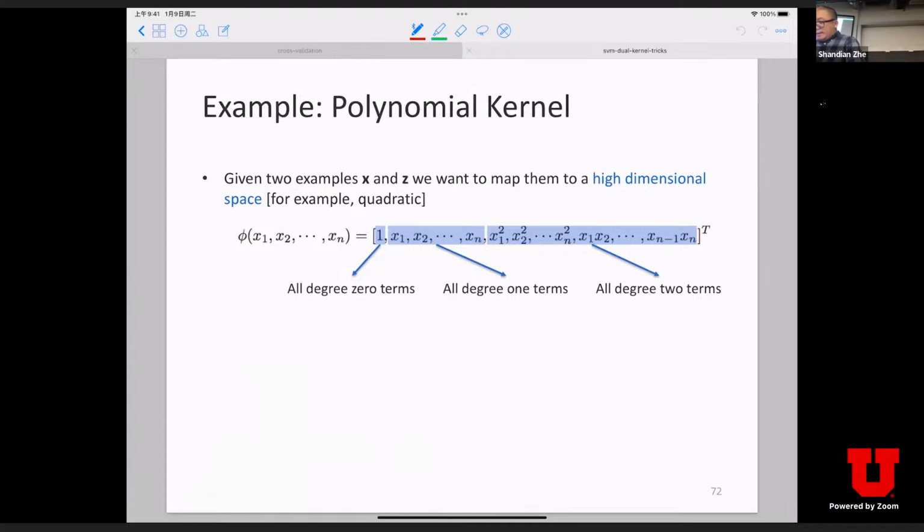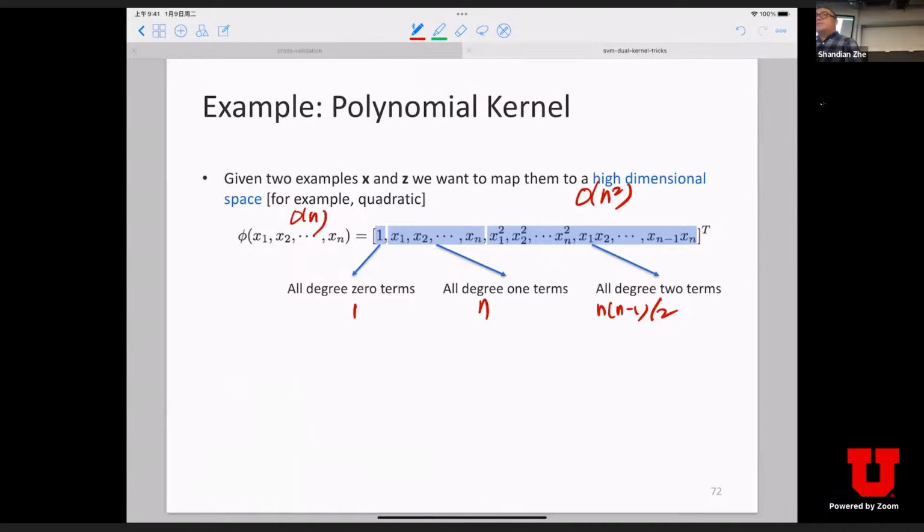So if you look at the dimension of the mapped feature vector, all degree 0 terms just take 1 term, all degree 1 terms take n, and all degree 2 terms take n times (n minus 1) divided by 2, right? You just do some pairwise combination, but you do not want to duplicate. So if you add them together, you will see that the mapped feature vector takes a length proportional to n squared, and your original feature is just n-dimensional, right?